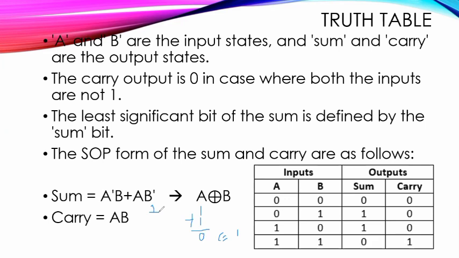How do we write this decimal number 2 in binary format? We write it as 1, 0. So 1, 0 is the binary form, wherein the last digit 0 is the sum, and the 1 is the carry. So 2 is written in the form of 1 and 0. So 0 is the sum, carry is 1. This is how we get 1 plus 1: sum is 0, carry is 1.